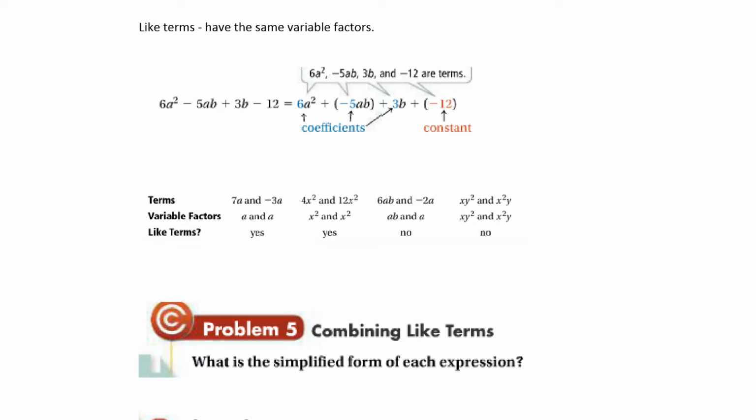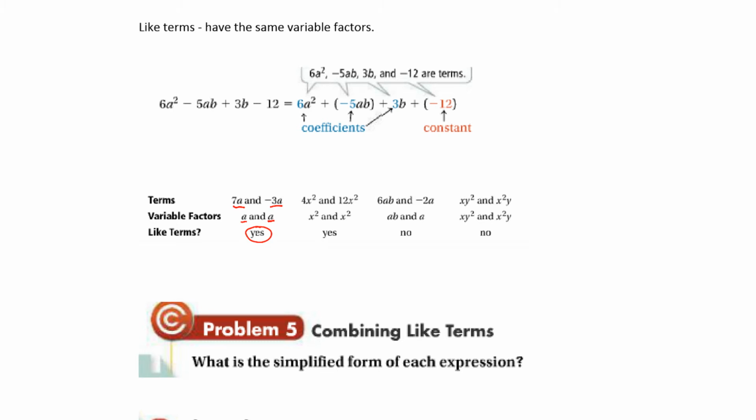If we look at 7a and -3a, we can see that their variable factors are indeed alike. Their variable factors are both a, so yes, they are like terms.